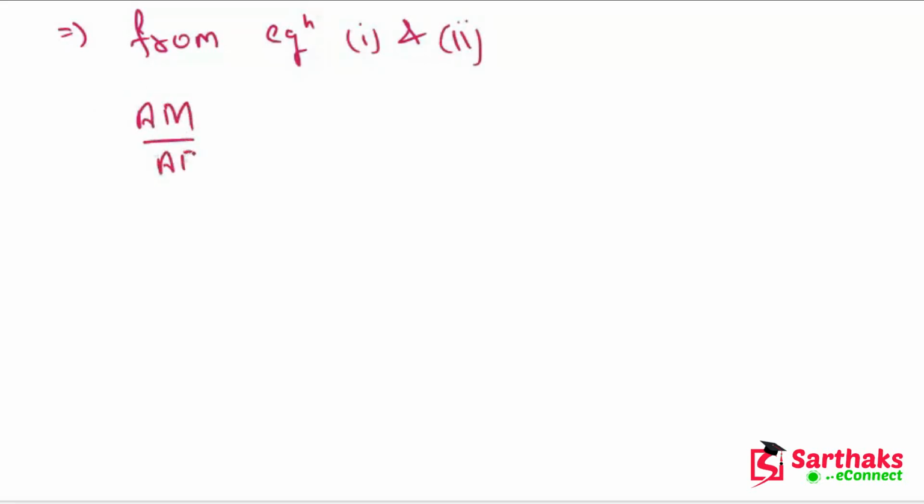Now from equation 1 and 2 we get AM upon AB is equal to AN upon AD.